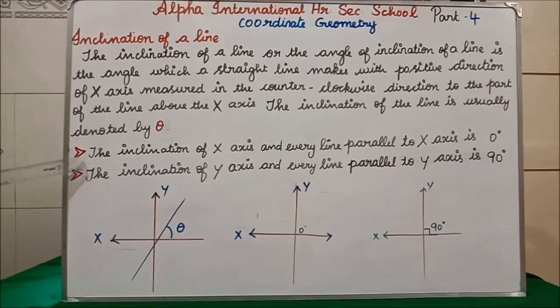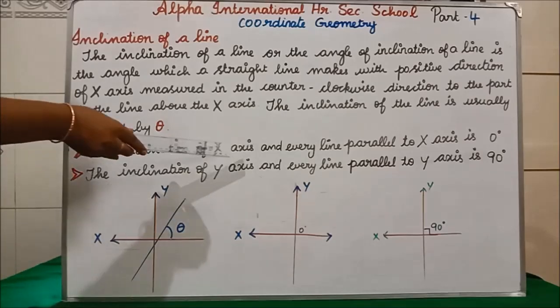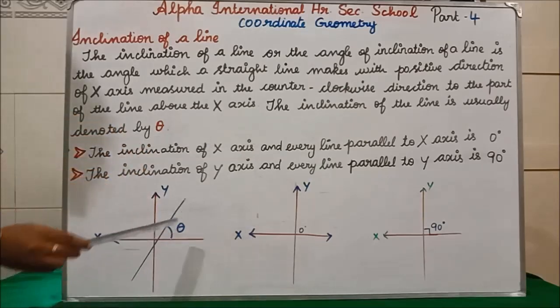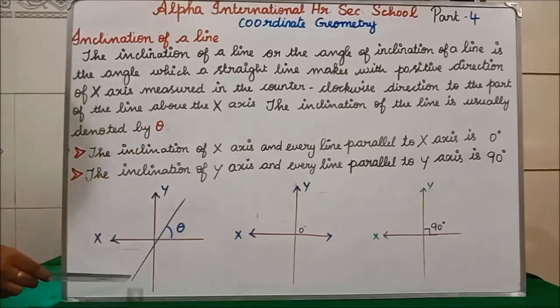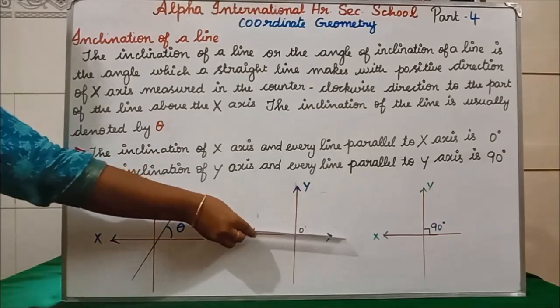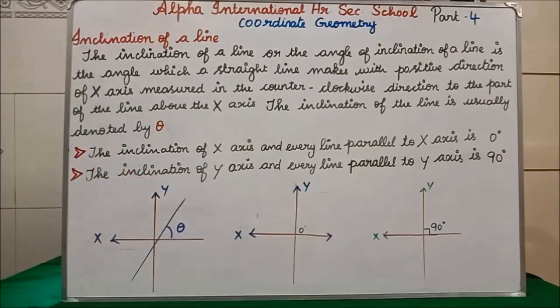The next point, note, is that the inclination of x-axis and every line parallel to x-axis is 0 degree, they are saying. See, the inclination of x-axis: suppose this blue line is in the x-axis itself, in the same line, so will any angle come? No, that time it is 0 degree.